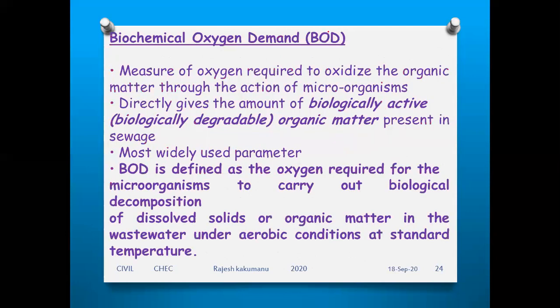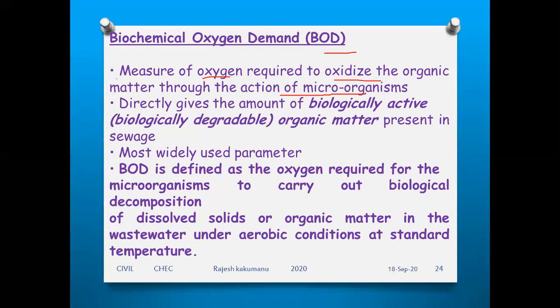Next, biological oxygen demand, or biochemical oxygen demand. This one is very useful. It is a measure of the oxygen required to oxidize the organic matter through the action of microorganisms. In the earlier case we test the oxygen demand using chemicals, whereas in the biochemical test, in order to check the oxygen required, we use the action of microorganisms.